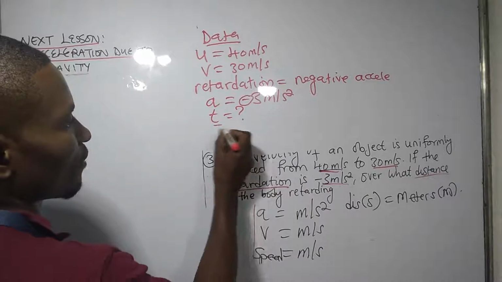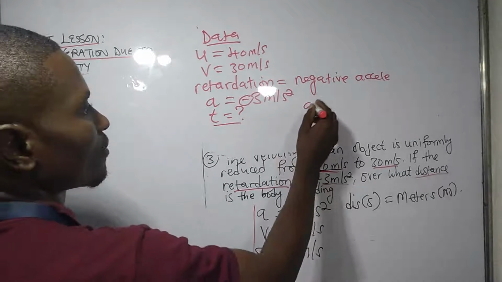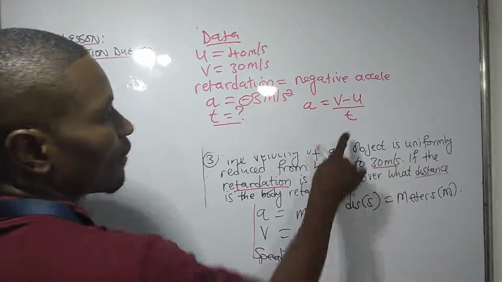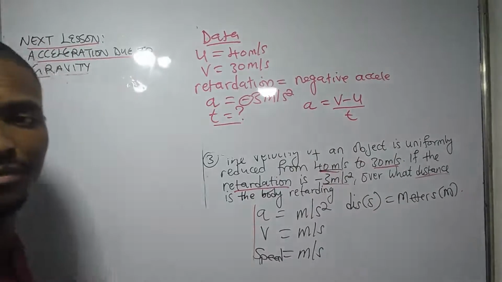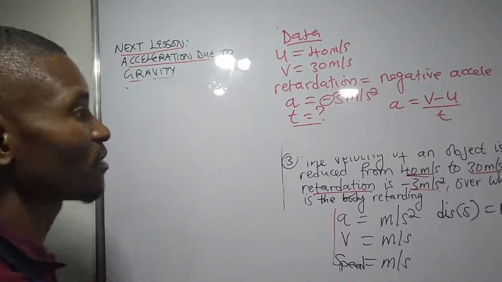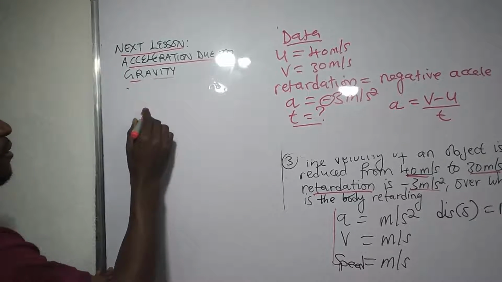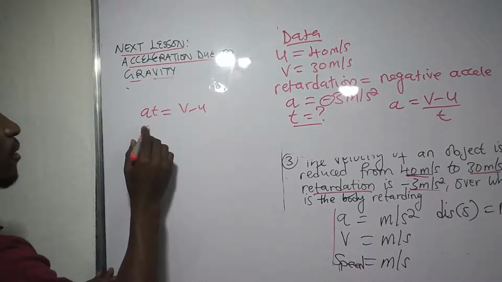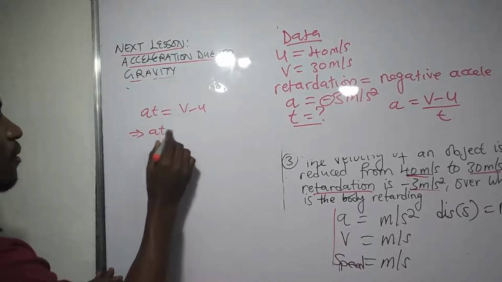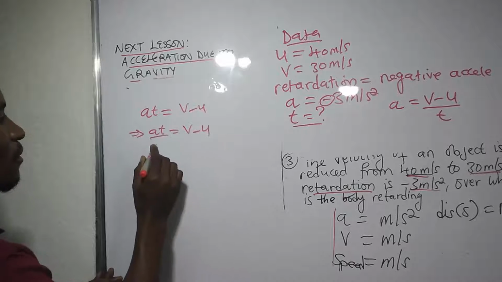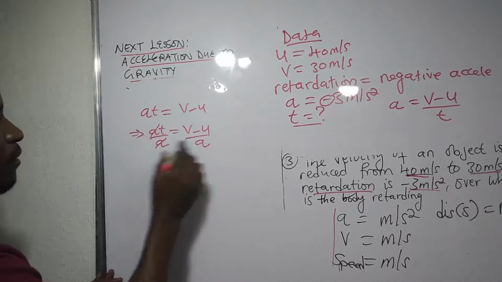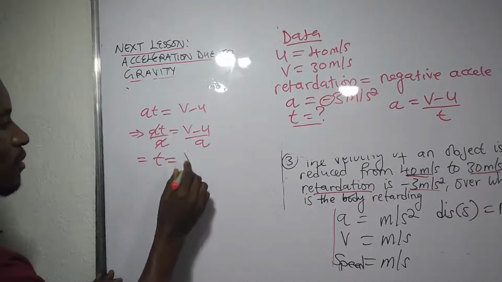From there we can find the time, using acceleration equals (v minus u) over t. Make t the subject: at equals v minus u. Divide both sides by a, then t equals (v minus u) over a.